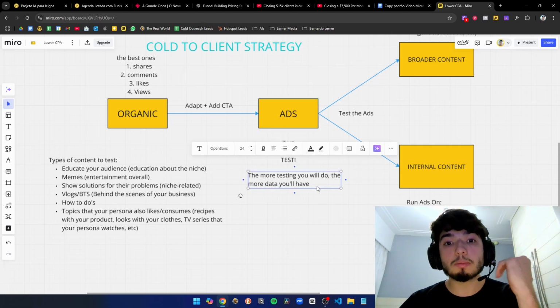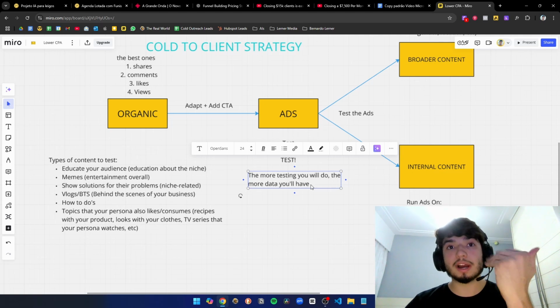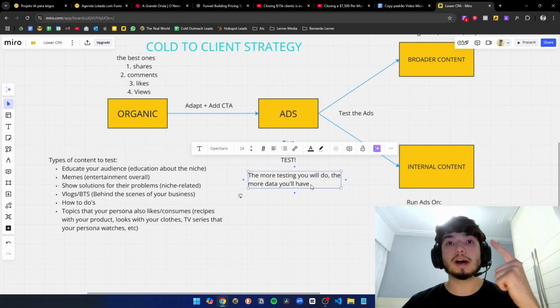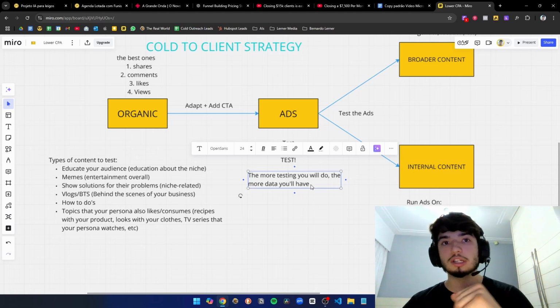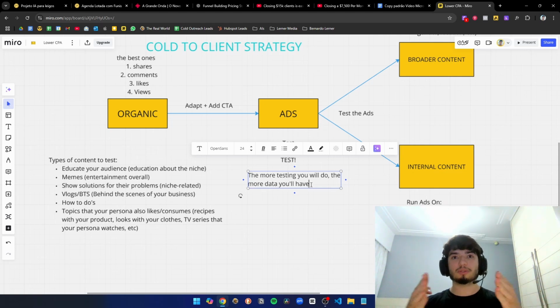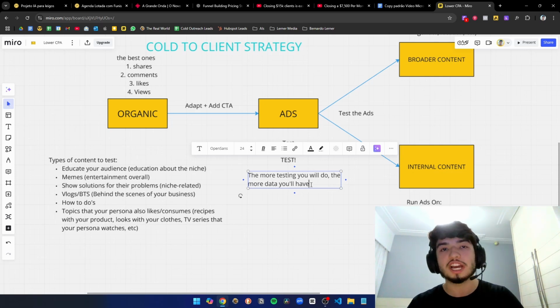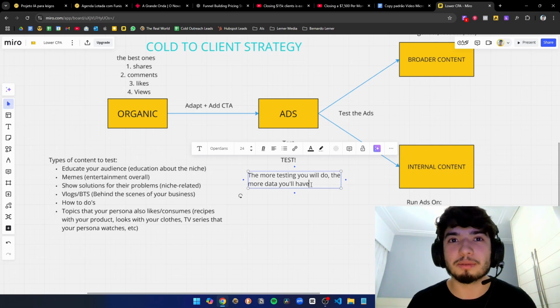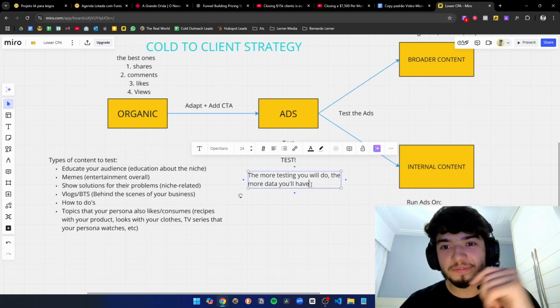The more testing you do, the more data you will have. The more data you have, the better decisions you will make, the better ads and content you will make because you know what works and what doesn't. And you will make more money with it because you know exactly how to go to the pain point to break the objection and make the client buy from you.